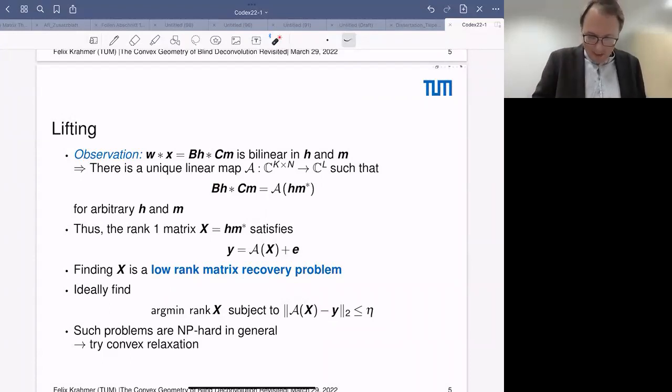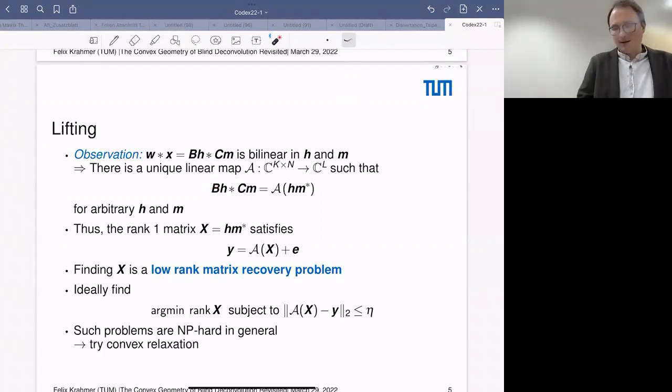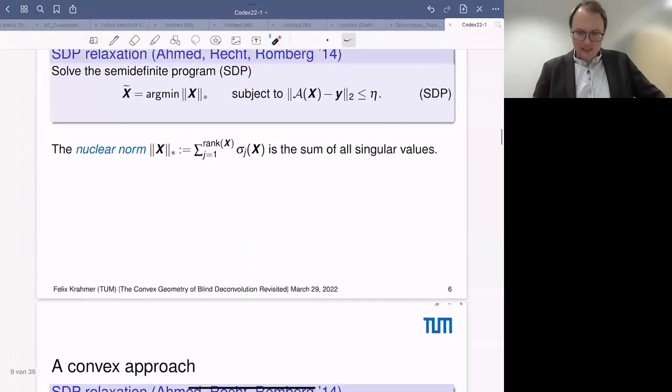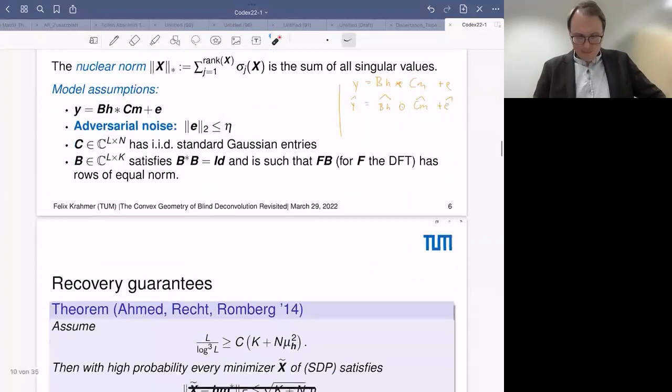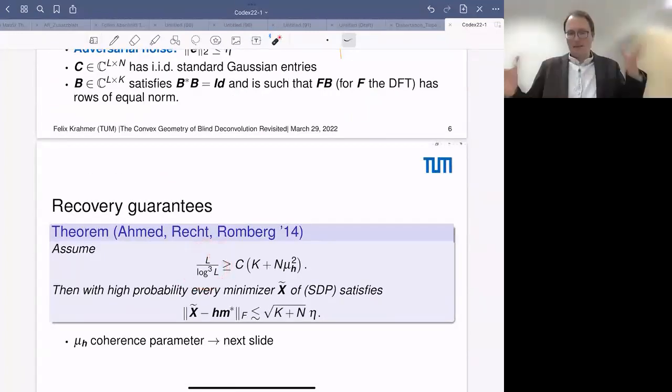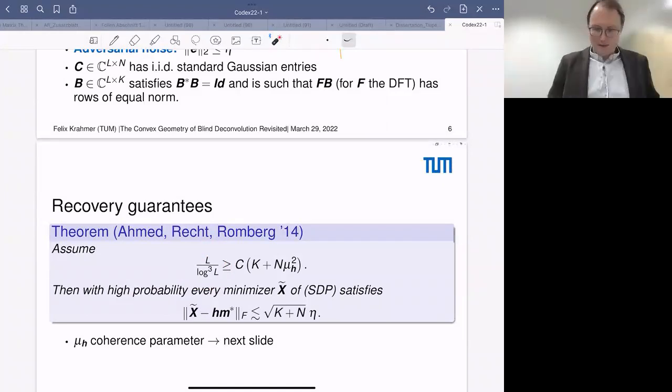So that's why we have to think about the redundancy in B and in C, and that is captured by the ratio between L and K or L and N respectively. And so we said that this embedding dimension that we're having, that's large, is enough if it's up to this coherence factor and some logarithmic factors, it scales linear in these two dimensions K and N, which is great.